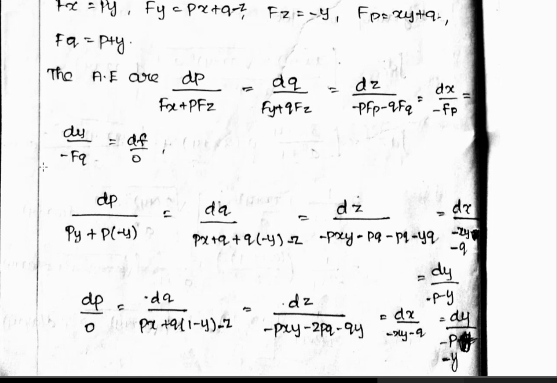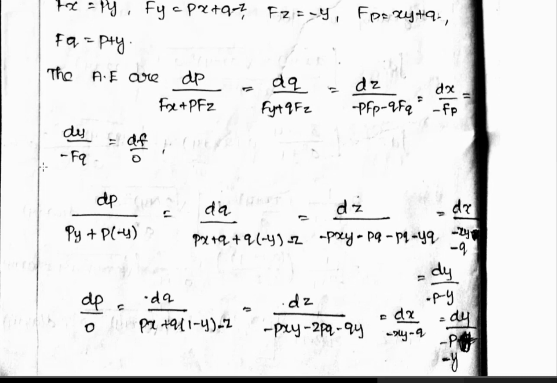So similarly, p into fp. fp is xy plus q. So you multiply it by p: p into xy, p into q. Similarly, q into fq means q into p, again q into y here. So the denominator term converts into minus pxy minus 2pq minus qy here.